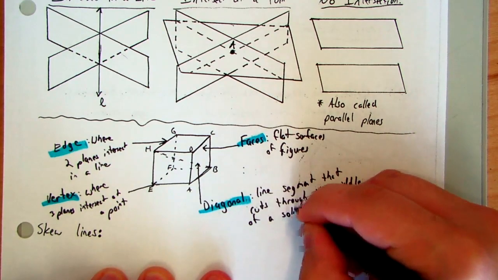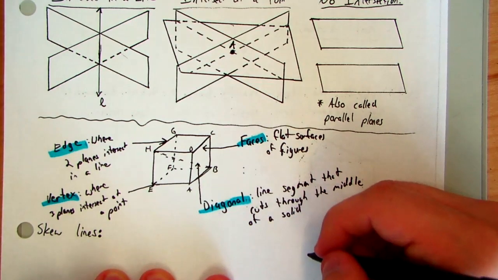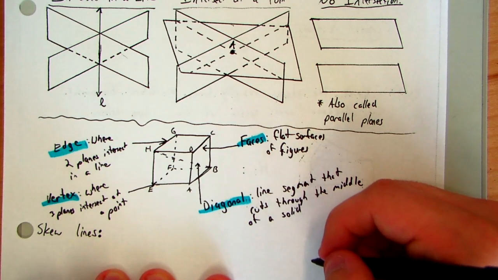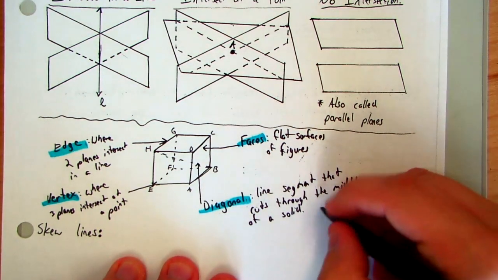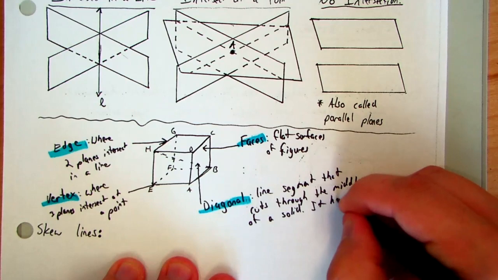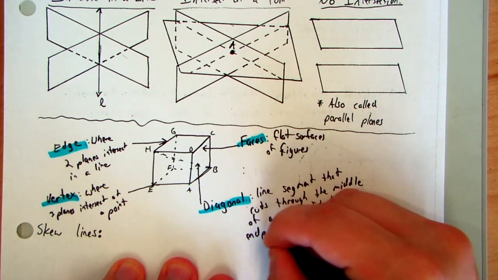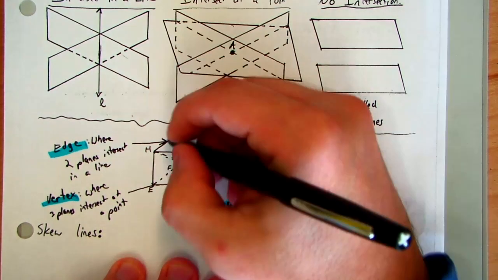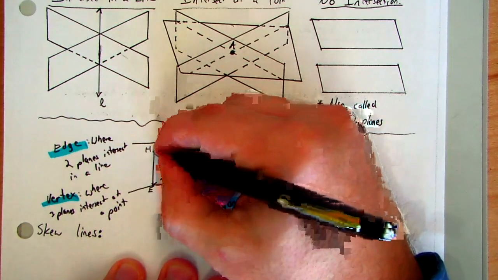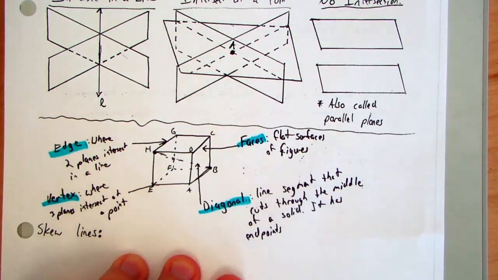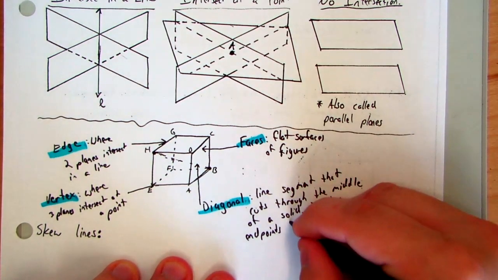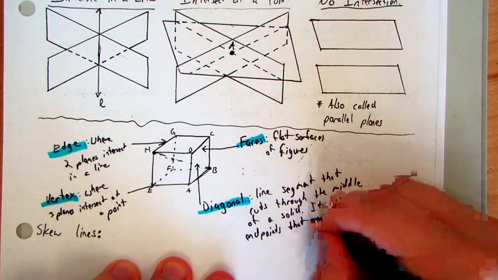It has endpoints, which is where it ends. So in this case, this diagonal here would be H and B. It connects vertices that aren't next to each other and not on the same face.